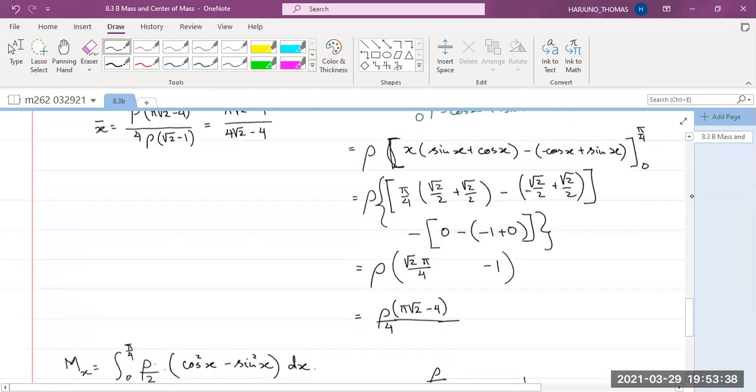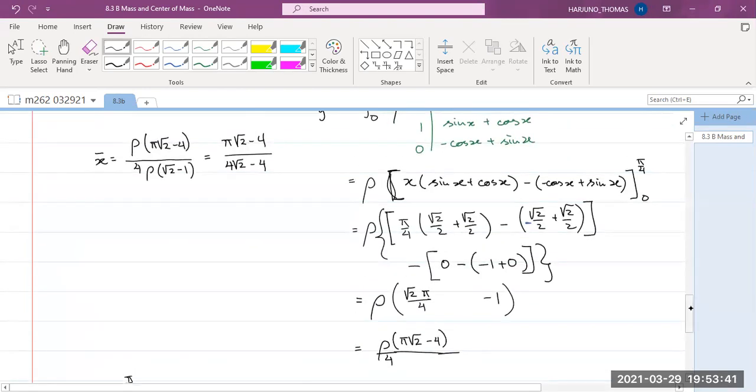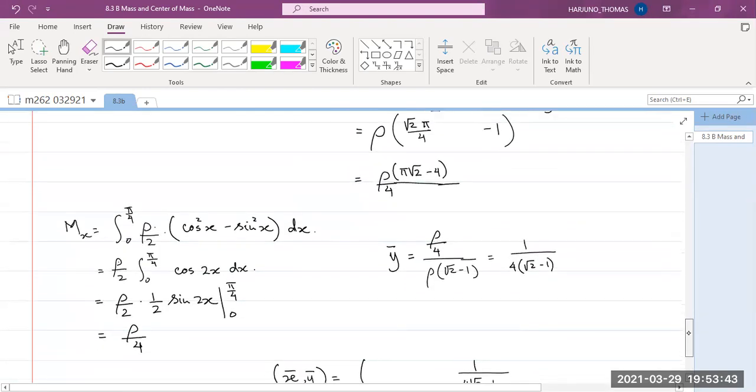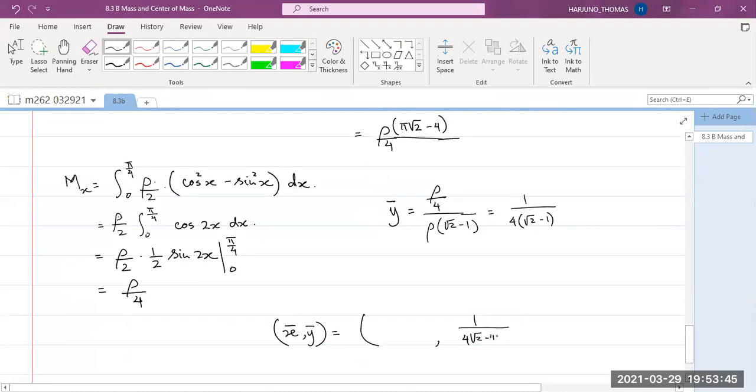And how about the other one? Actually minus 4. And this will be pi square root of 2 minus 4 over 4 square root of 2 minus 4.